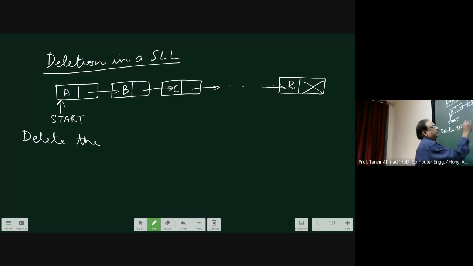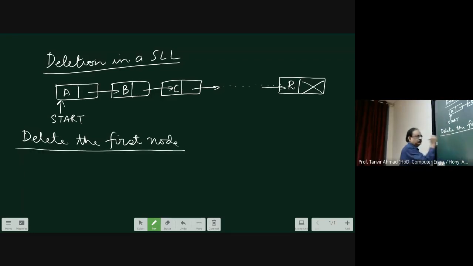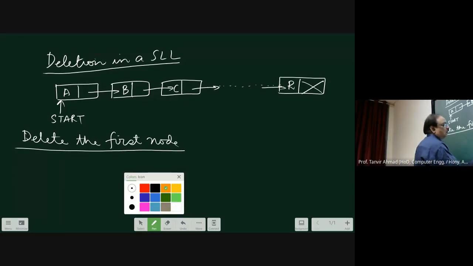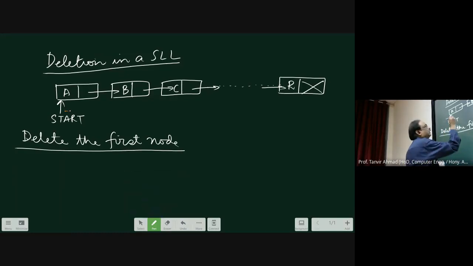Therefore, what I write, say, delete the first node. What you are going to do is just move the start from here and make start point to the next node. If you can do that, it is just deleting the first node.